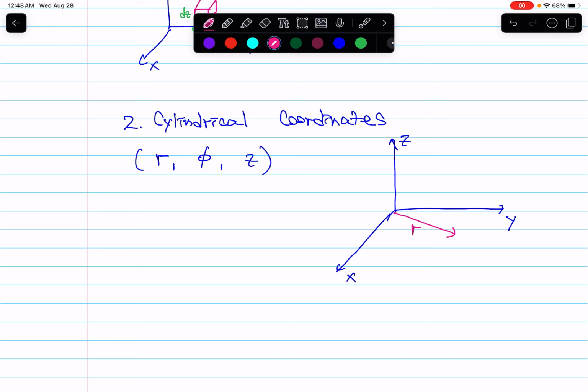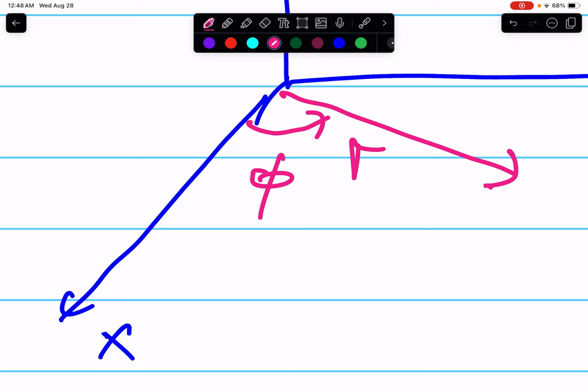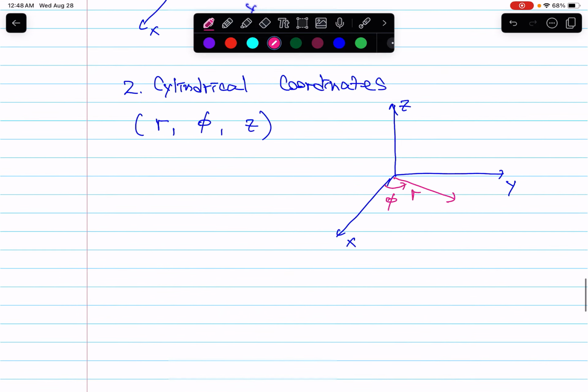And the location of the r is confirmed by this angle. The angle that starts from the x-axis to where the r vector stops. So that's the pi angle. And the last thing is z. So you can go up by the amount of z. Okay, you can see. So that would be your point described.